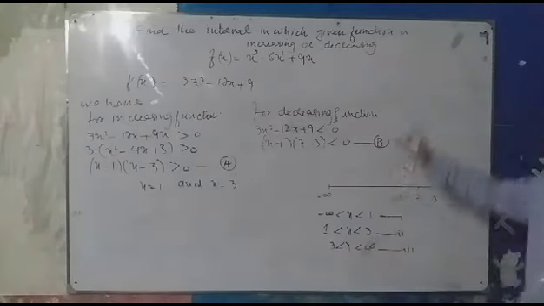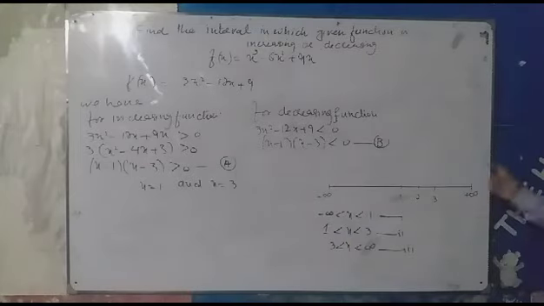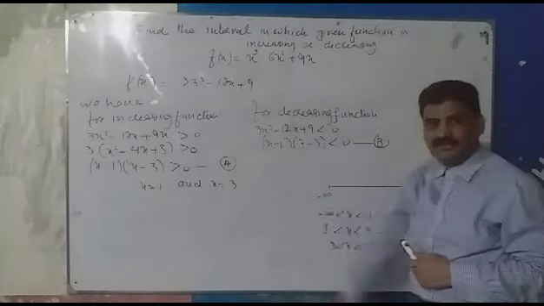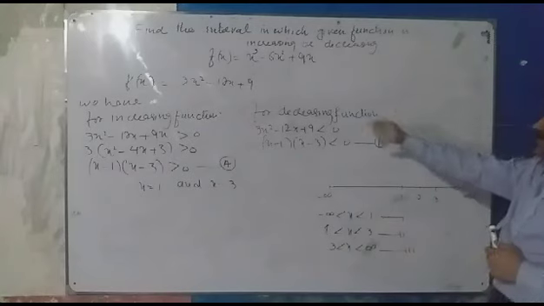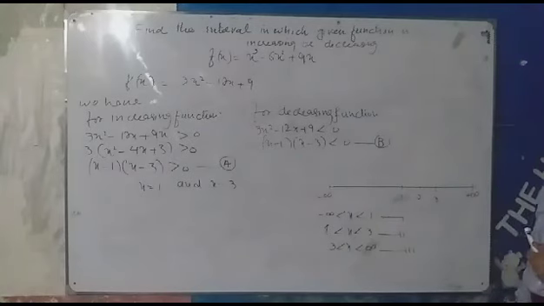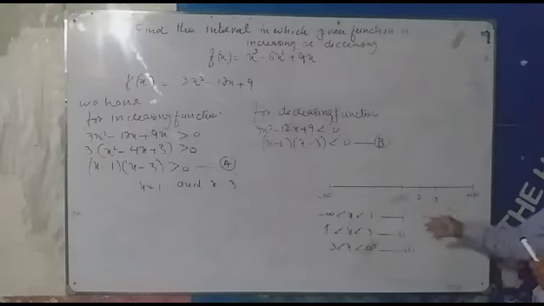Now, how can we decide which interval is for a decreasing function and which is for an increasing function? We just check all one by one. Suppose we take any point belonging to the first interval.